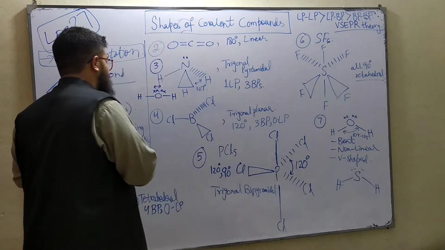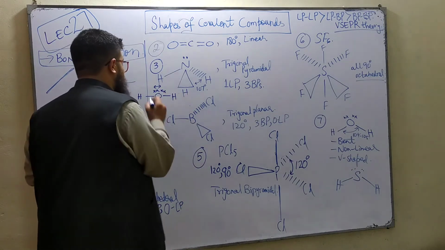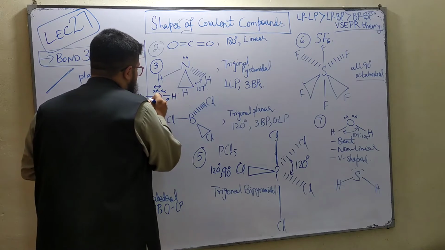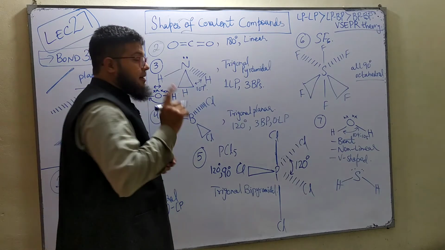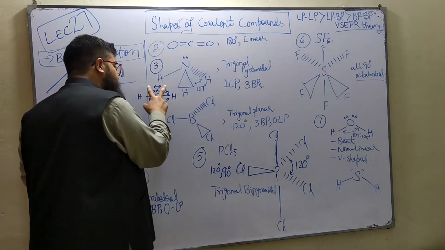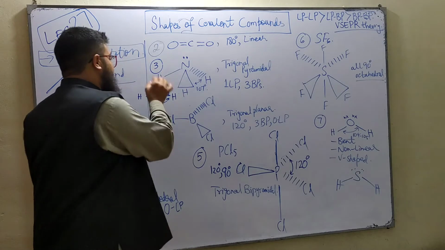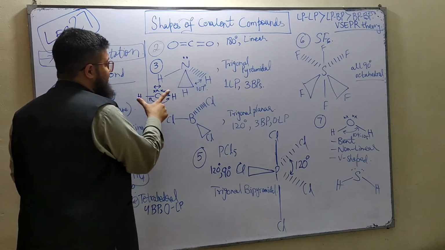But the bonded electrons are also negatively charged, so they will also repel one another and the electrons on top. But the theory says that the repulsion between the lone pairs is going to be the greatest, the strongest, and it will overcome the repulsion between the bonded pairs.